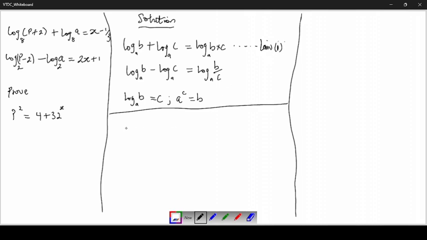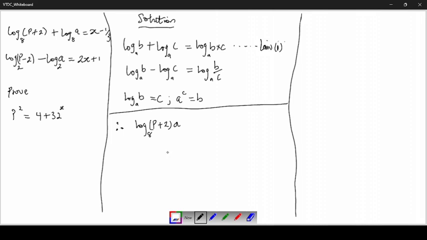So as the case may be, I'm going to apply law 1 in equation 1. I would want to conserve my space, so we have here log base 8 of p plus 2 multiplied by a.